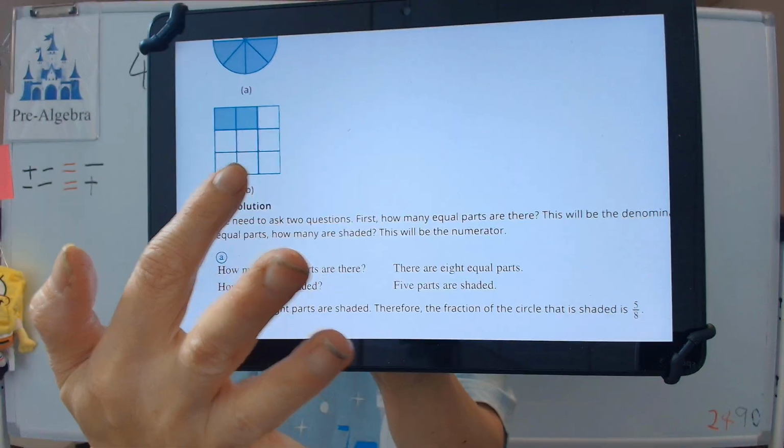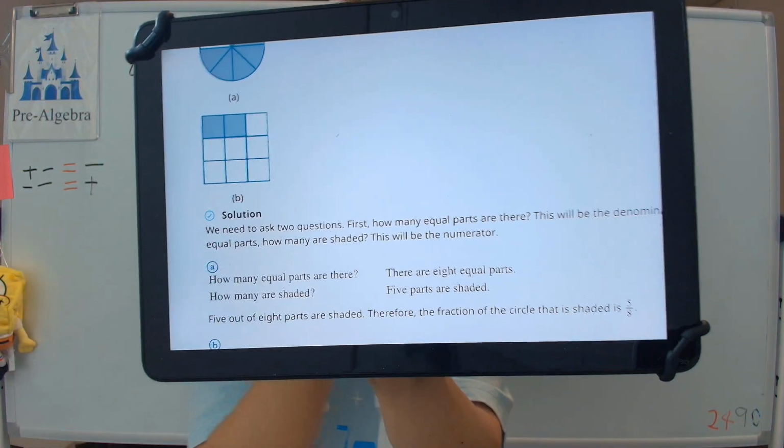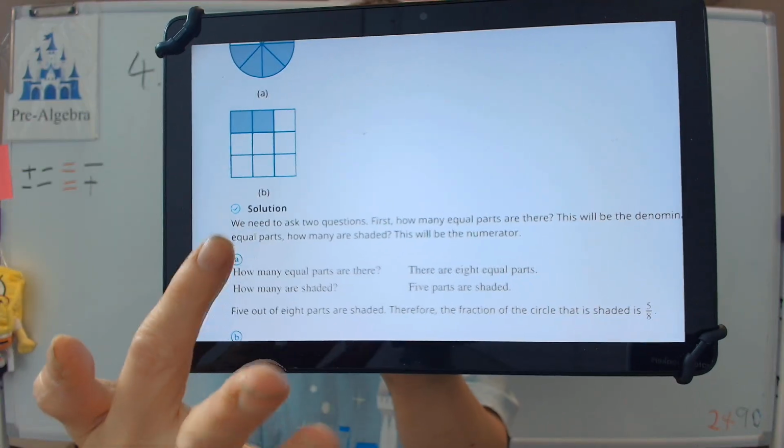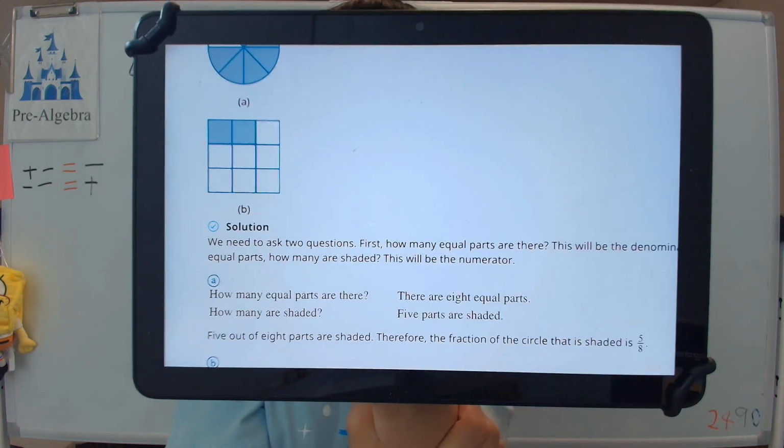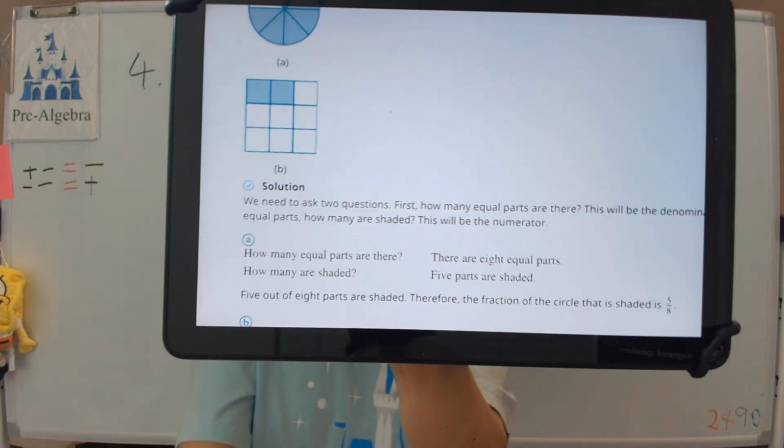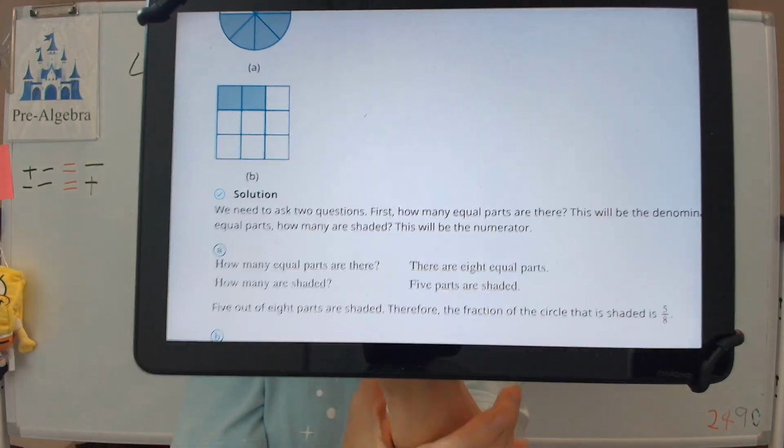Now right here, this is not a pie, but the idea applies the same way. Here a red square is divided into 9 equal chunks. Okay, what is this called? Tic-tac-toe or something? Anyway, it's divided into 9 equal pieces.